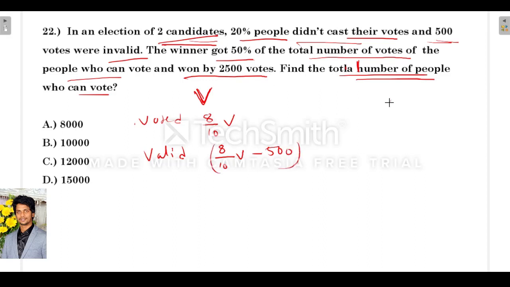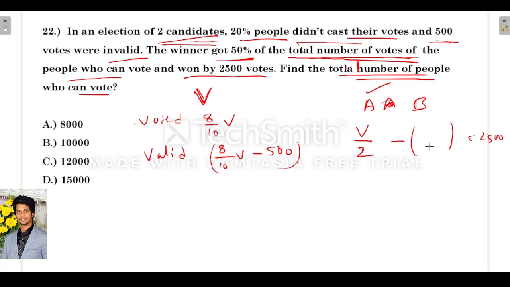So now they are telling there are two persons contested, A and B. So let us say A is the winner, 50% of total number of people who can vote, means A got V by 2, and he won by 2,500.